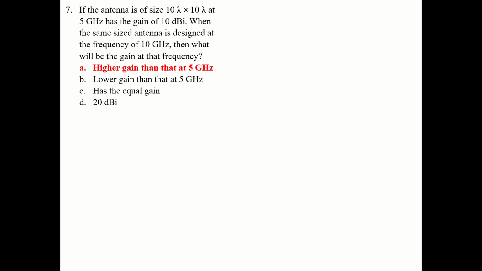Okay, part 2 answers. If an antenna has a size of 10 lambda by 10 lambda at 5 gigahertz and has a gain of 10 dBi, what happens when the same size antenna is designed at 10 gigahertz? Remember, 10 lambda is the size of the antenna.